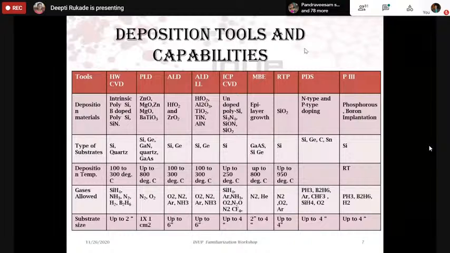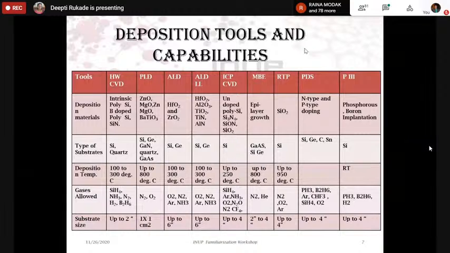This is the overview of all the deposition tools and capabilities that we have at IIT Bombay. What are the materials that can be deposited, and what are the substrates that are allowed, including the deposition temperature, gases, and the substrate size.